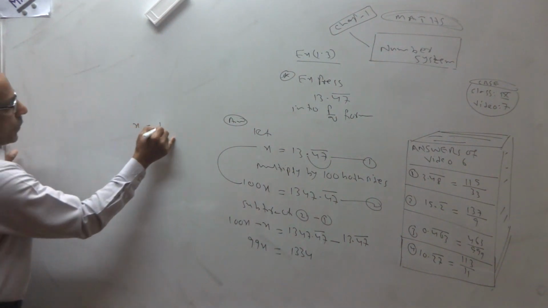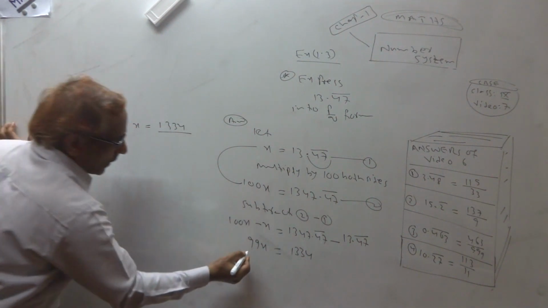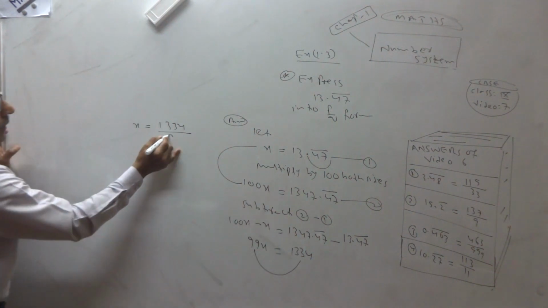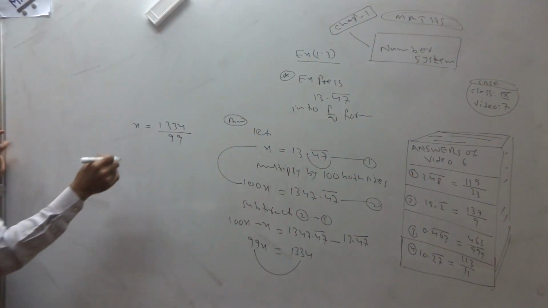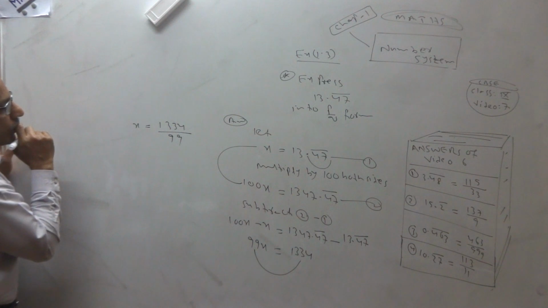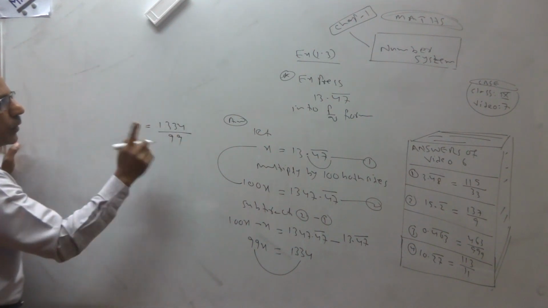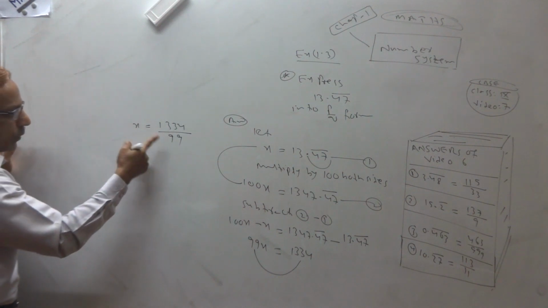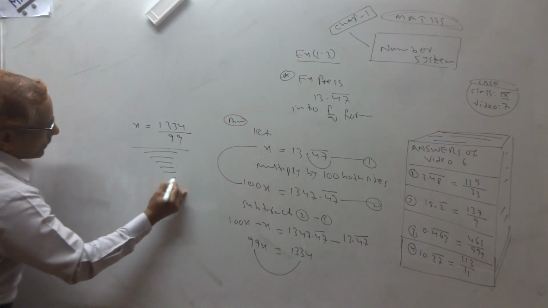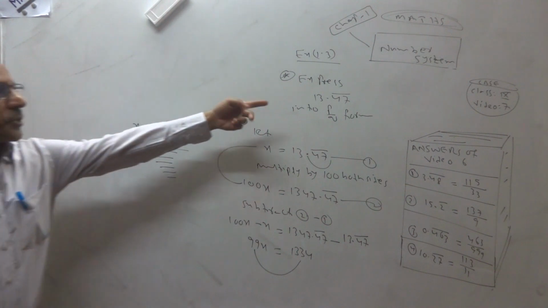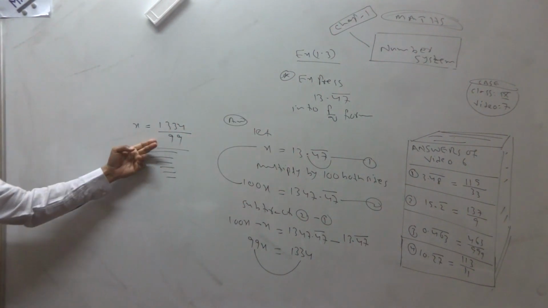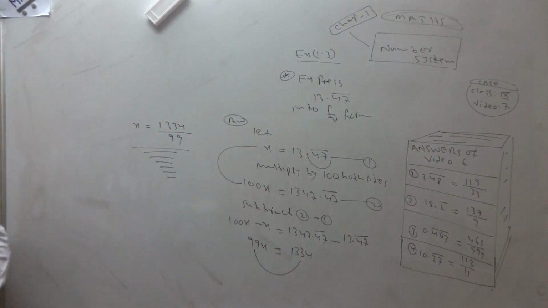We get the answer, 1334 divided by 99. Now you should check that. Can you cut it by 3? 3 4s are 12. No, it's not going by 3. It's not going by 2. So that is the answer. So what is its fraction form? This is the answer. Clear?